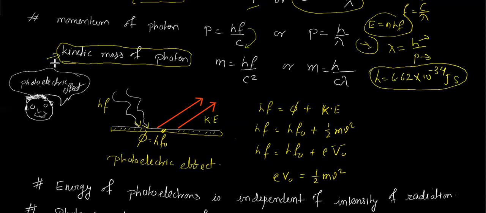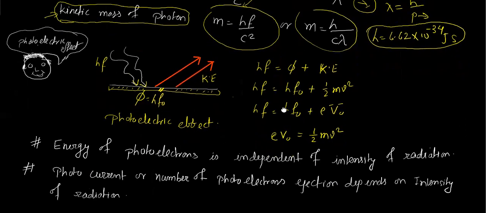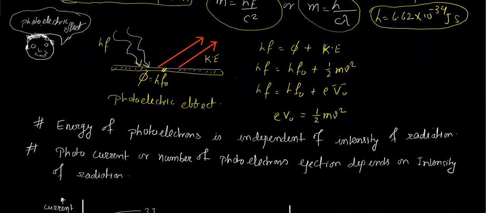Dynamic mass of a photon and kinetic mass of a photon are the same thing, and its expression is this or this one. After rearrangement of frequency and the velocity of light, you can replace this expression by h by c lambda.